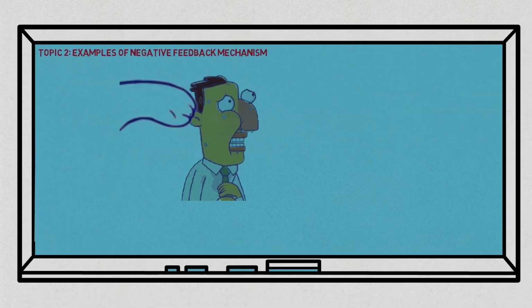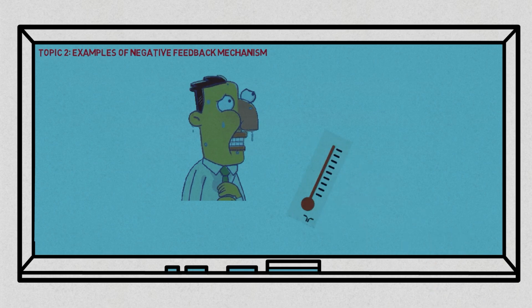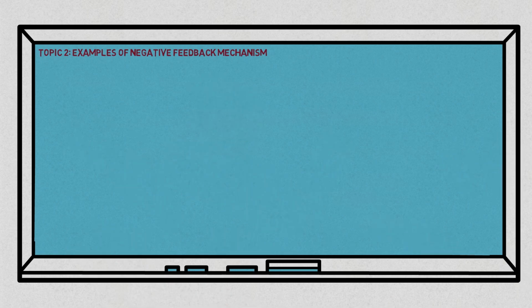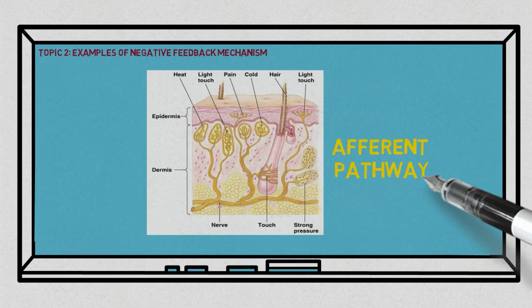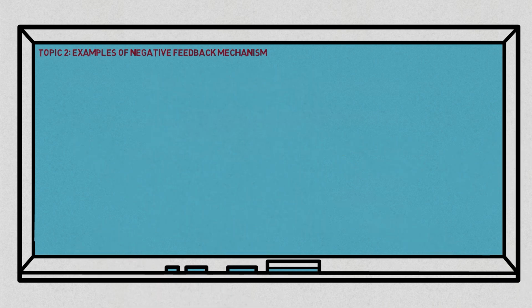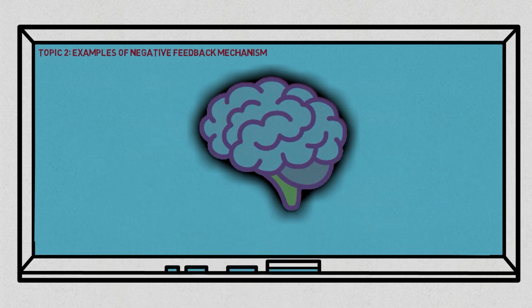Imagine it's a hot day, and you're walking. Suddenly you feel hot, and your body temperature rises above the normal 37 degrees Celsius. This rise in body temperature is the stimulus, and this will be detected by skin receptors, or the sensor, which will then send a signal to the brain in a communication called the afferent pathway. The brain, which is the body's control center, will now process the information and decide what action is appropriate, which in this case is to cool the body down.